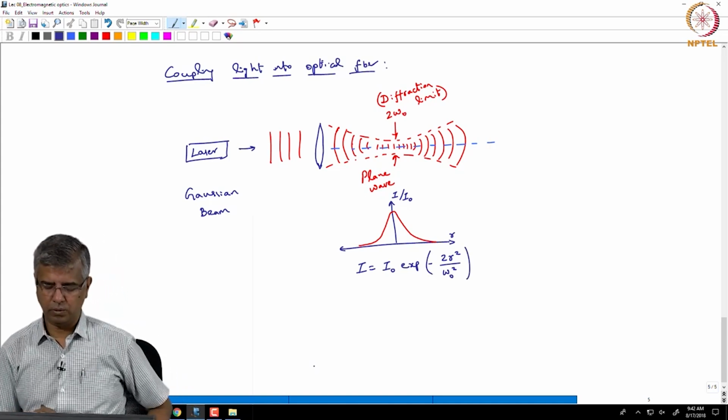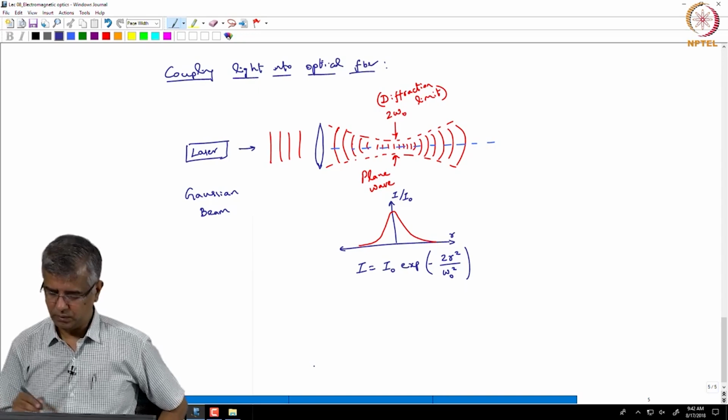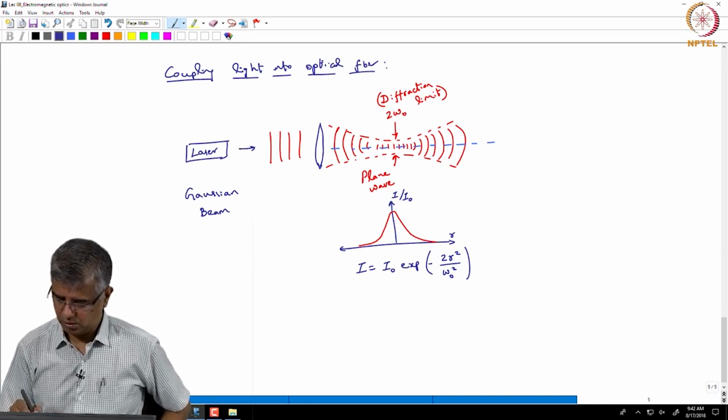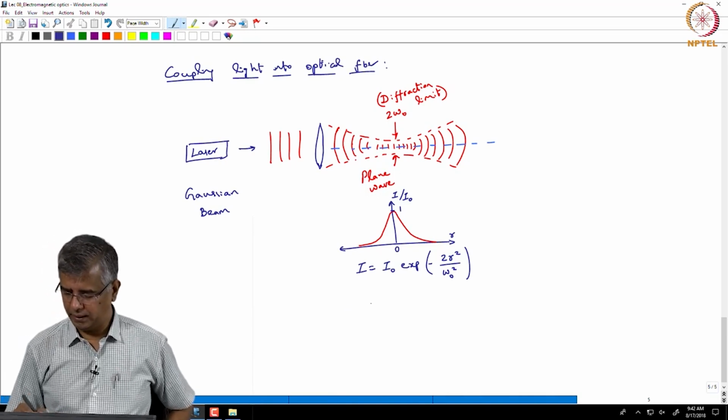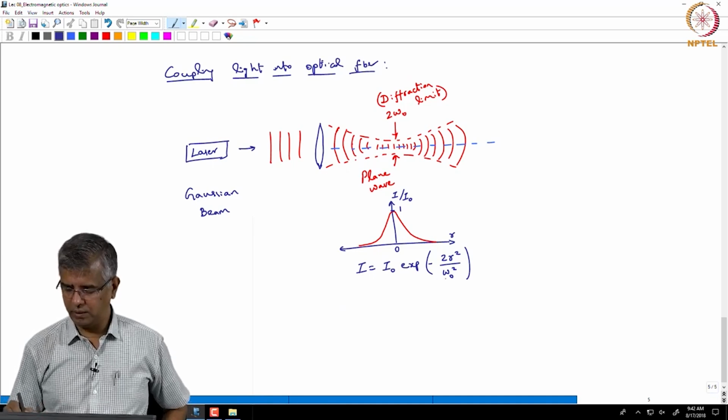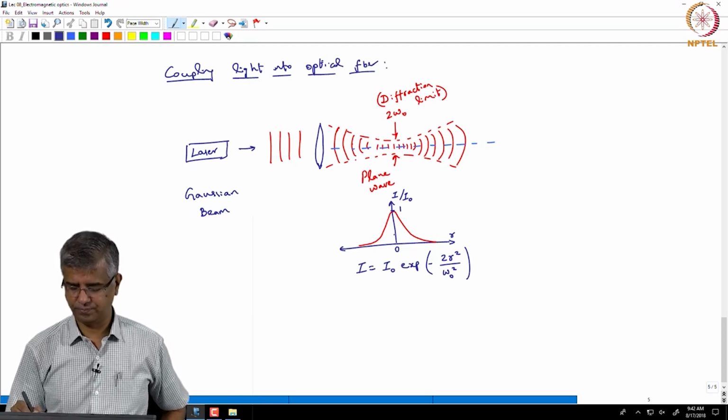So that will be the intensity pattern. So clearly this would have a value of 1 at the center, and what would w naught correspond to in this picture here? The 1 over e squared value.